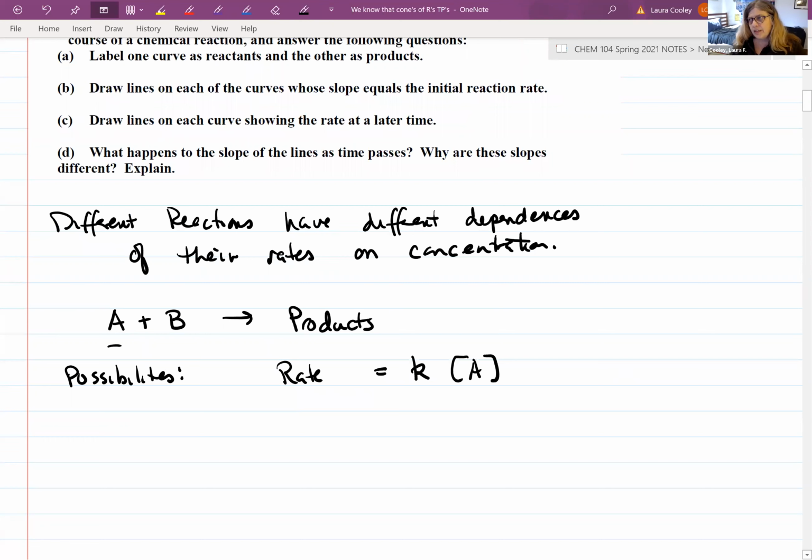Somebody give me another possibility of what the rate could be. Somebody put on your mic and tell, all right, Daniel, KB, good, that could be one. What's another possibility that it could be?